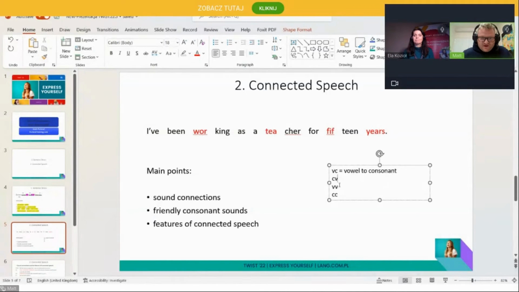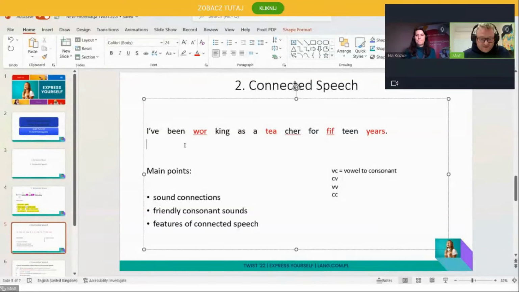So CV, consonant to vowel, VV, vowel to vowel, CC, consonant to consonant. And we do change them, and that's how we speak English. You can hear that when you listen to English speakers. Slow it down if you want on YouTube, slow it to half speed if you don't believe me, if you're skeptical.